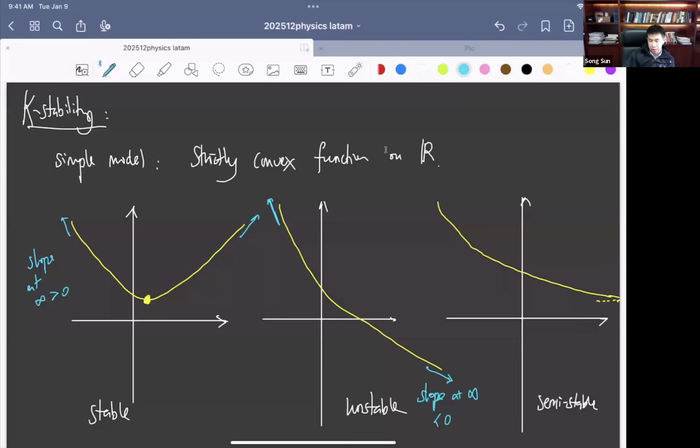It's negative in this direction, so this makes it unstable. So stable means the slope at infinity is positive in all directions. Unstable means there is a direction where the slope at infinity is negative, and semi-stable means the slope is non-negative but zero at infinity. So it's kind of a borderline case.